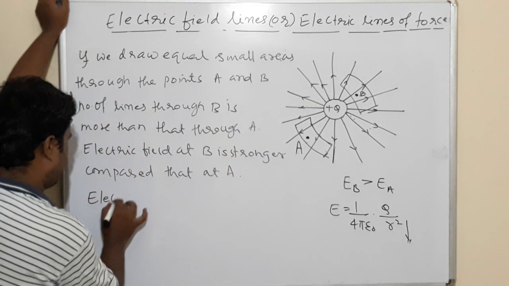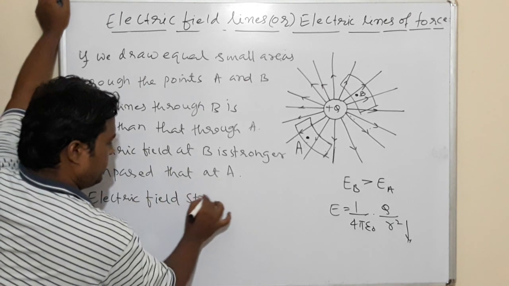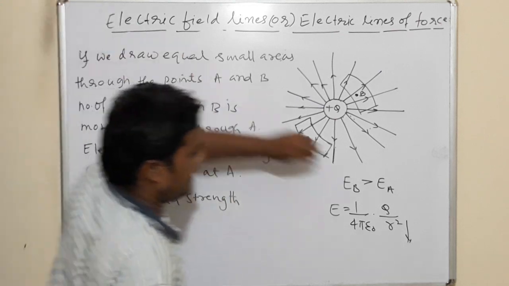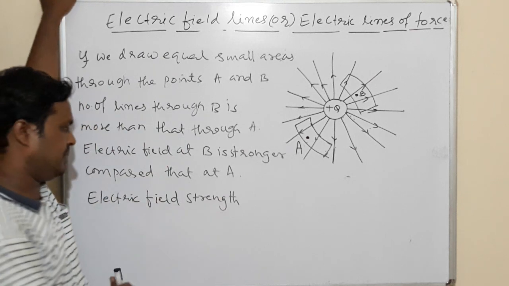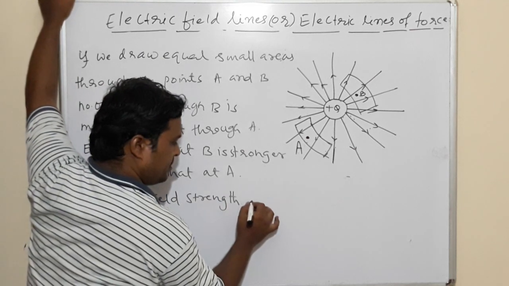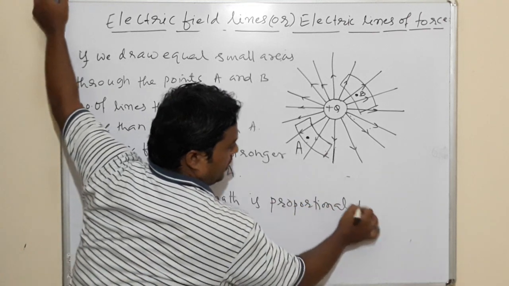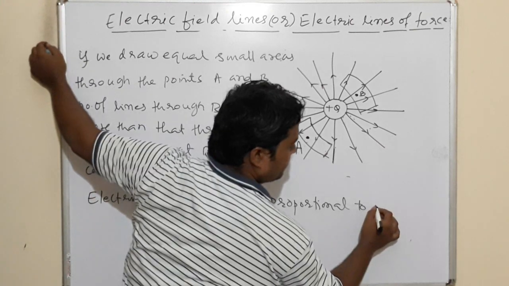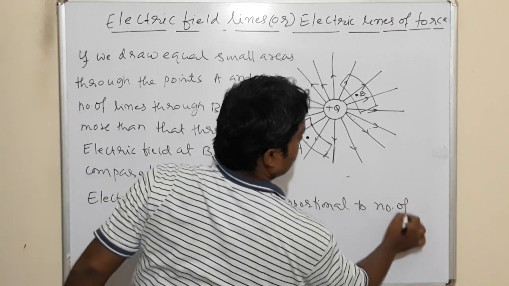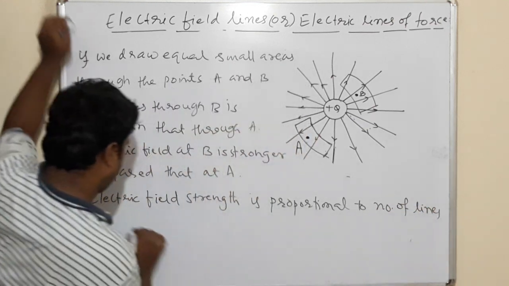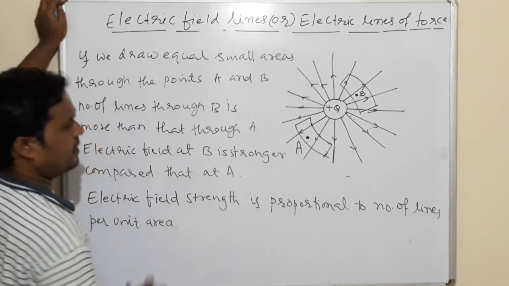Then electric field lines give me an idea about electric field strength. Electric field strength is proportional to the number of lines per unit area.